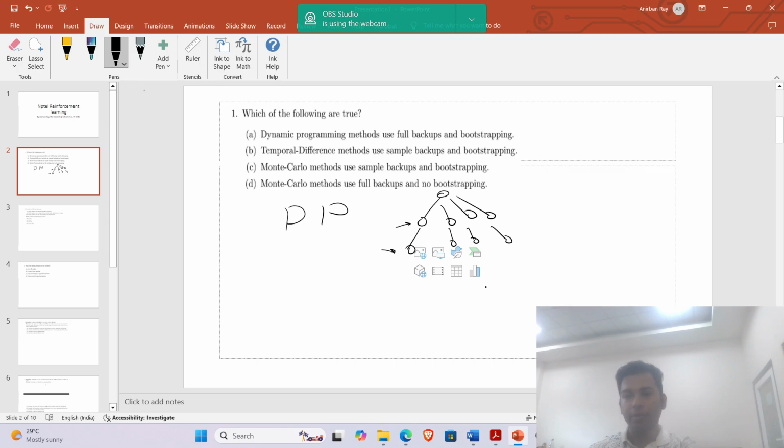Here you're storing the result of every state. So there is a full backup of the rewards that you received at every state, and it is bootstrapped.